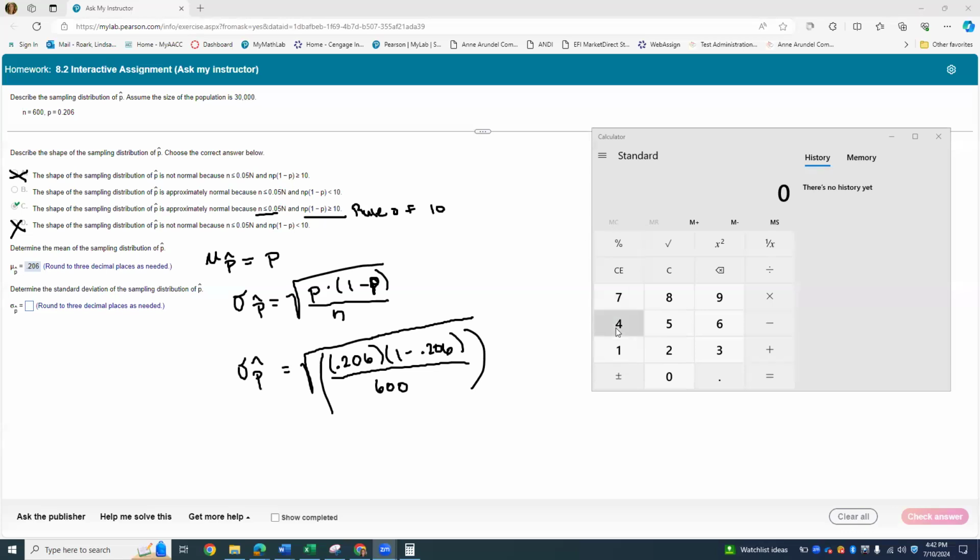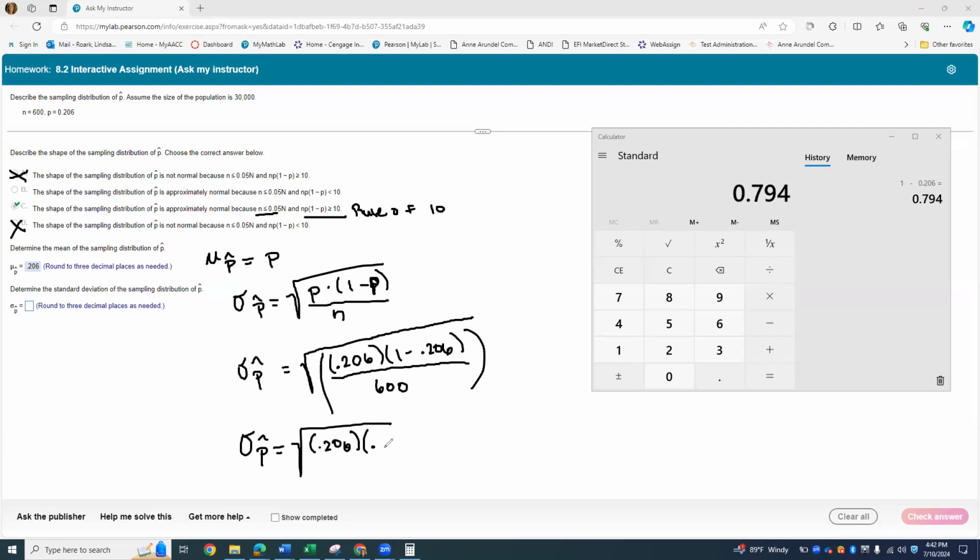So we'll go to our calculator and do 1 minus 0.206, and that gives us 0.794. It can be time consuming, but if you write down the numbers along the way, that can help with some of the issues.